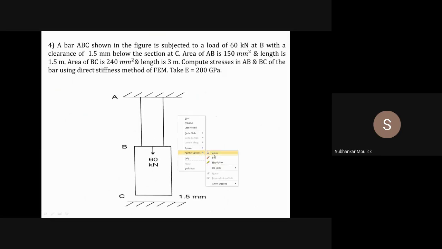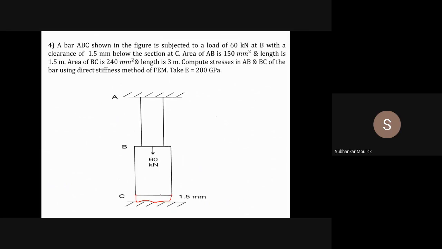That means I can say that when the end C of the bar BC is equal to 1.5 mm, then this end C will touch this support, yes or no?